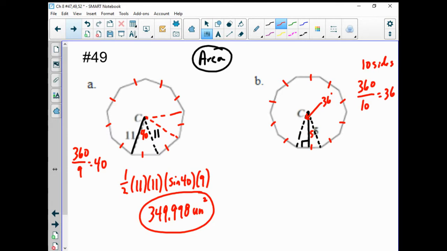Well, I don't really have a side angle side situation going on right now, but I do have a right triangle. So let's think about the situation that I could maybe use to help me. So I know this height is 5. I know the entire angle is 36. So this would be half of that.